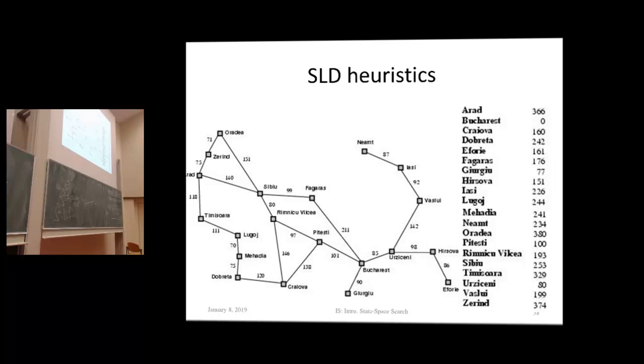If you look at Timisoara, we have 329 distance from Bucharest, Sibiu 253, and Zerind is 374. So we would, using the beeline heuristic, choose Sibiu, 253, as the next node to explore.